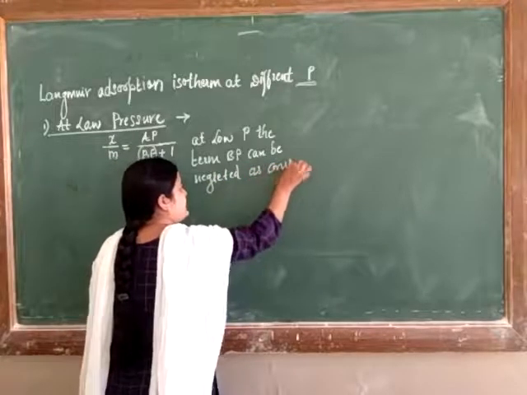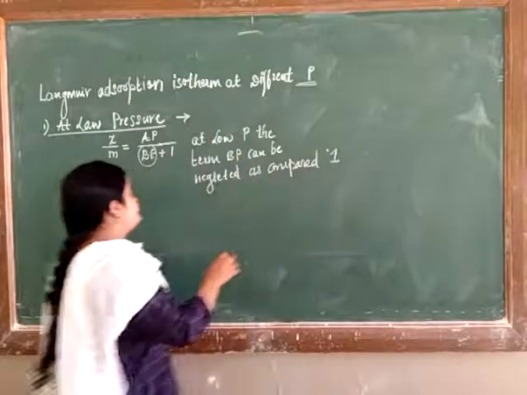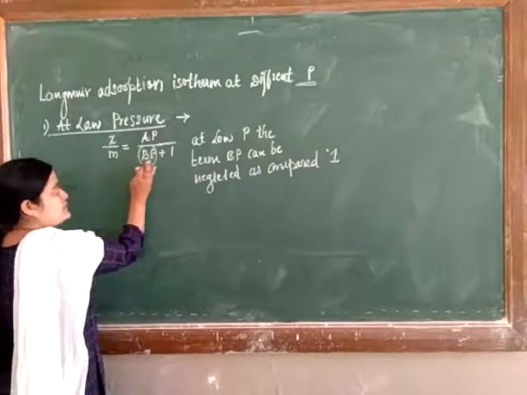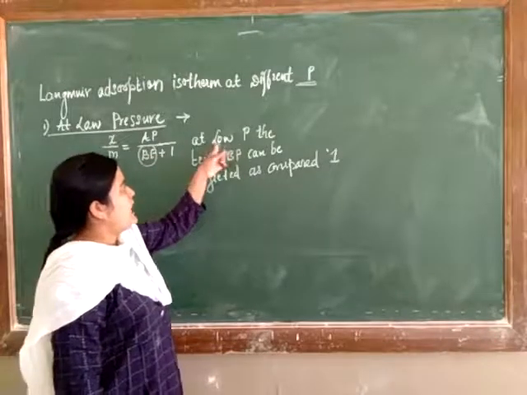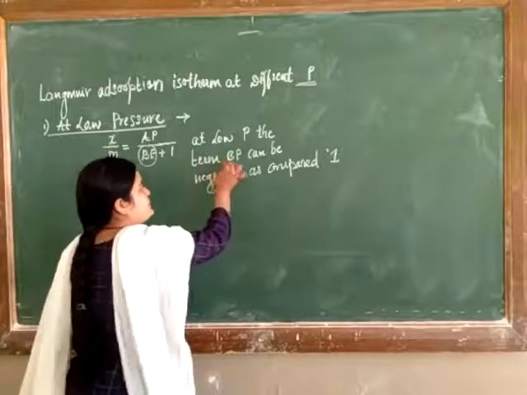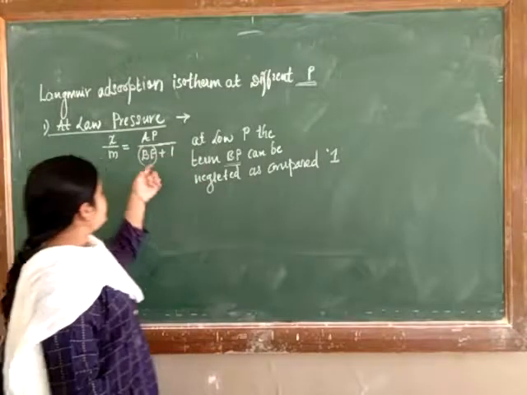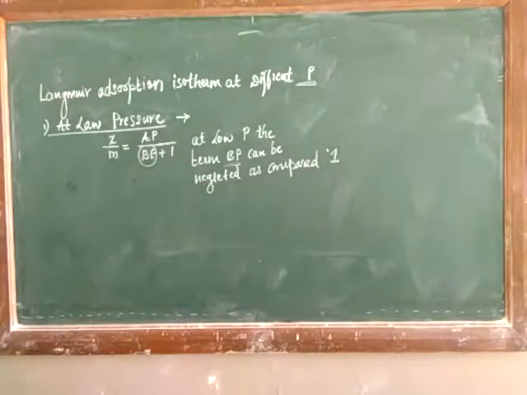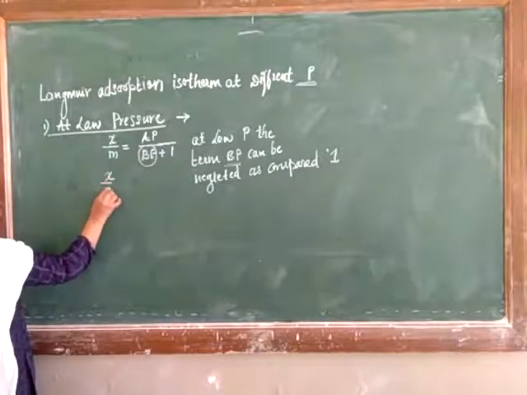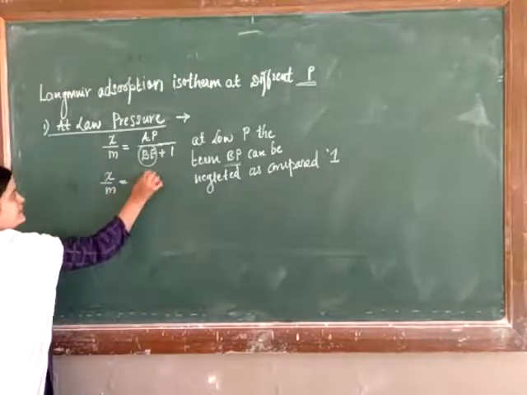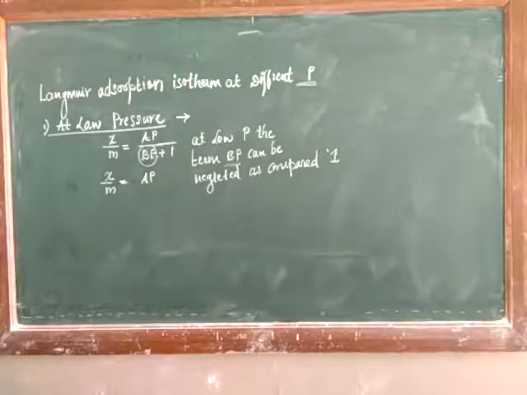Here in the denominator BP plus 1 is there, so at low pressure the term BP can be neglected as compared to 1. When we neglect BP, the equation becomes x/m = AP, since 1 in the denominator is negligible.